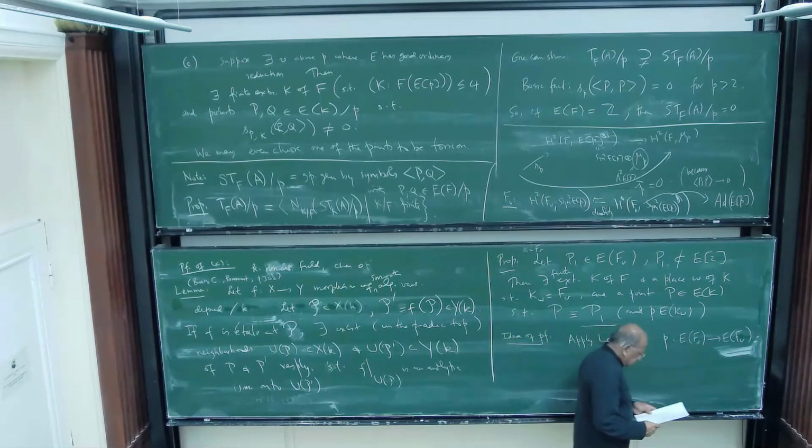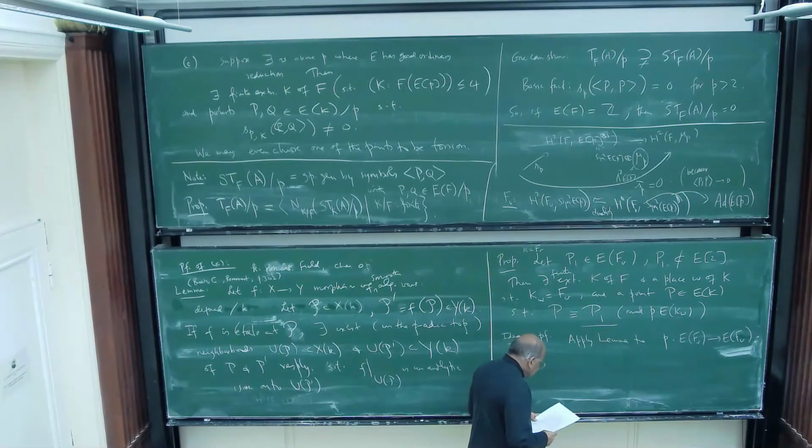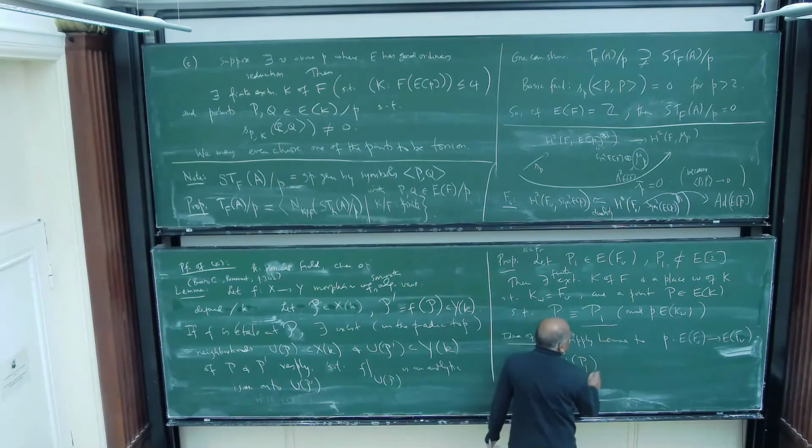FP is so in this case. So you can apply this here to get neighborhoods U tilde of P1, and P1.